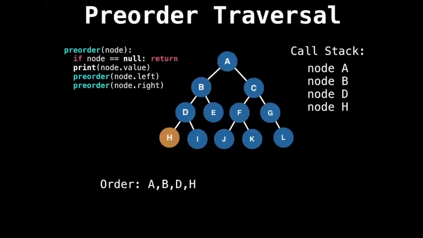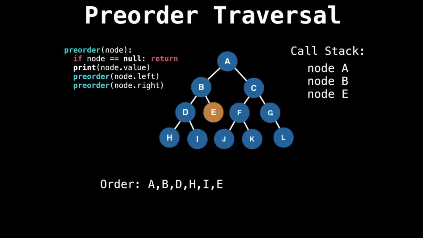So we pop node H off the call stack and go to D, and then we go to I, and then we explore I. Now we're at the bottom, so we recurse back up, so we pop I off the call stack. We've already processed D, and we go back to B. We've also already processed B, but now we have to do B's right subtree. So we go and explore E.